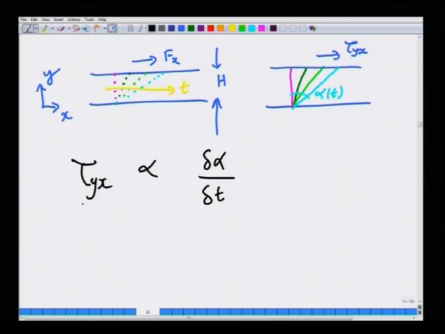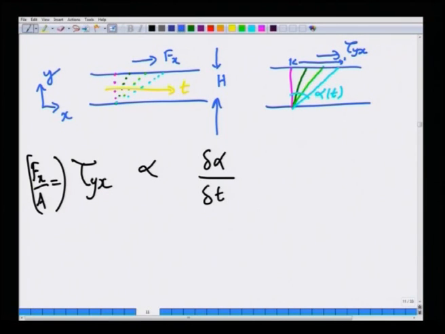Okay. So, tau y x is nothing but F x divided by A. Now, from geometry we can find that this angle, suppose I call this distance L of t.